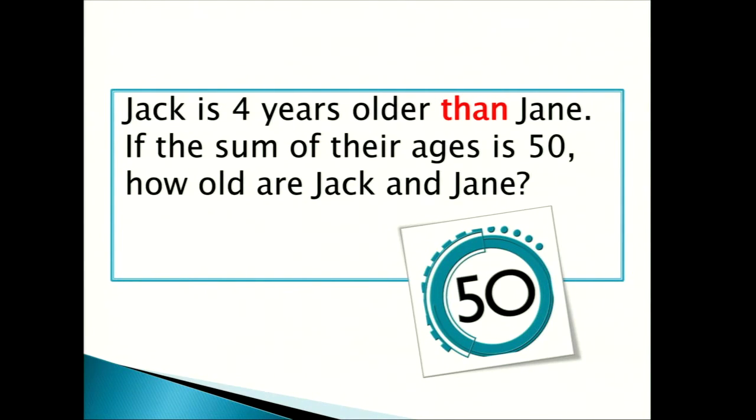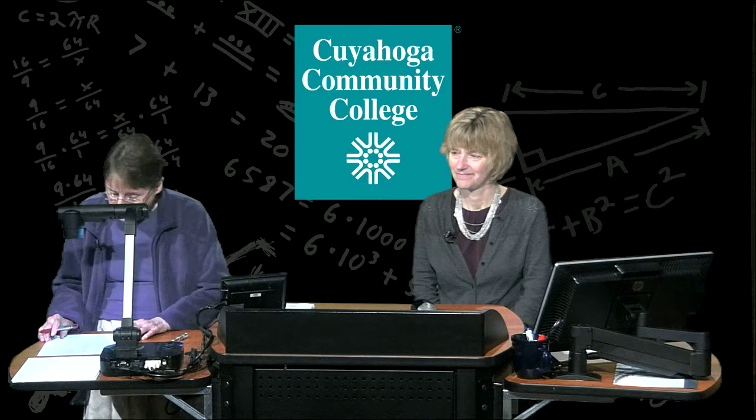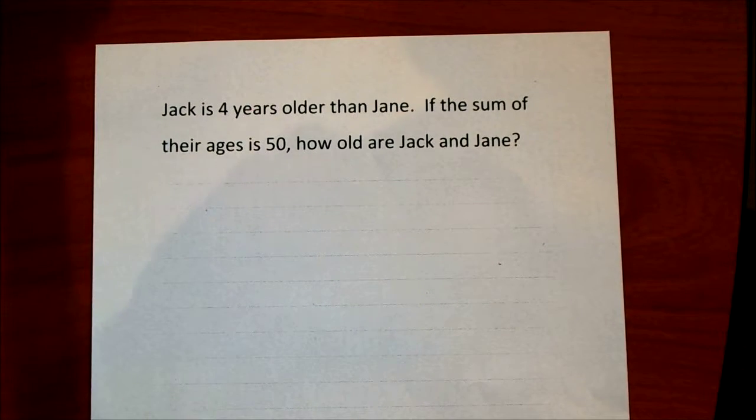Jack is 4 years older than Jane. If the sum of their ages is 50, how old are Jack and Jane? Well, this is a problem I can identify with because I'm the Jane in this problem and my husband's Jack, and he is 4 years older. This is a classic comparing two things problem.